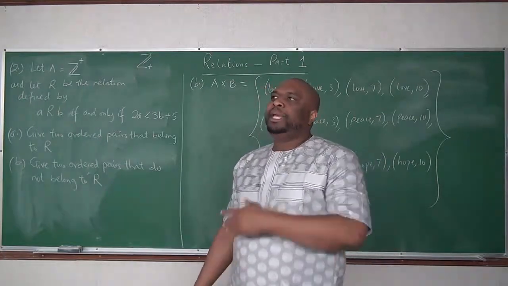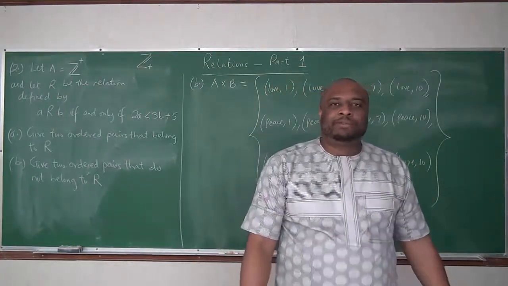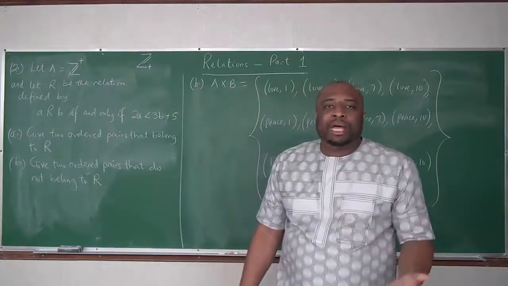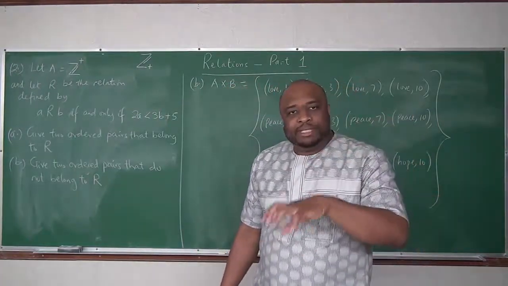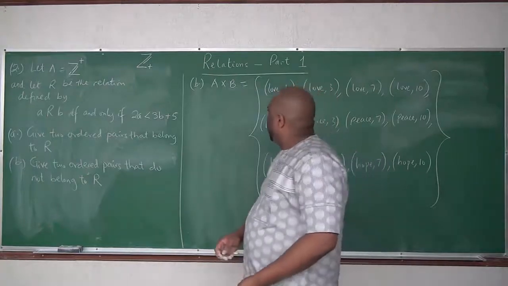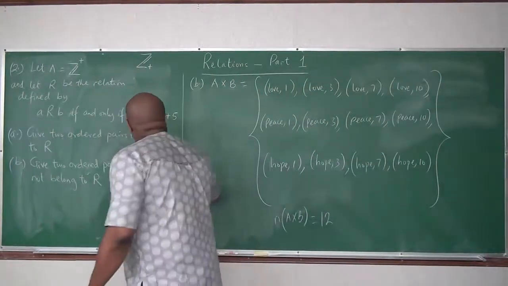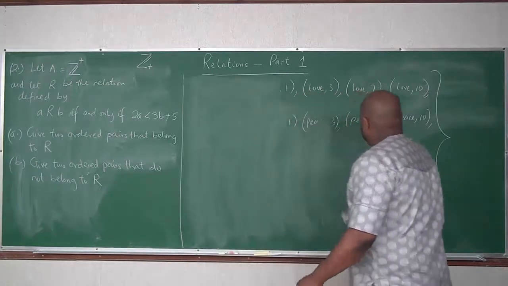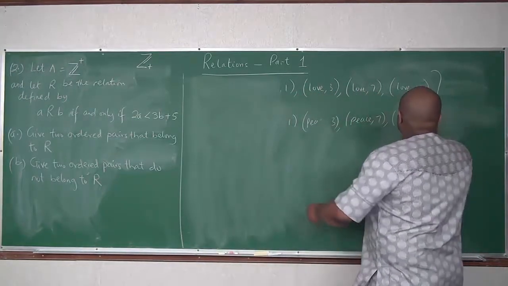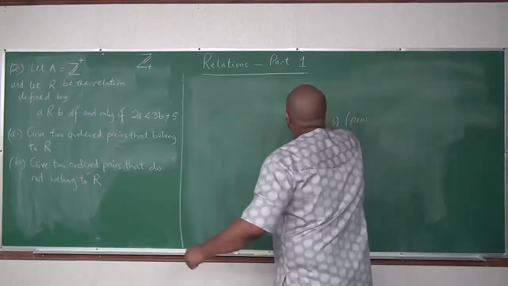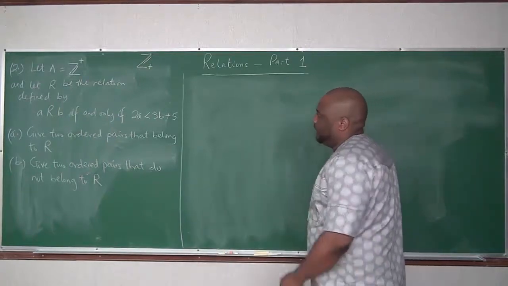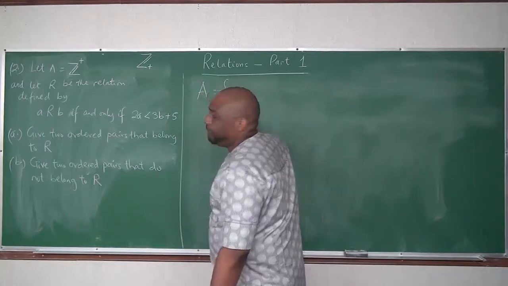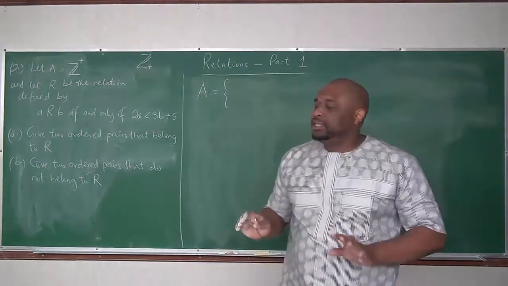It could be two elements from two different sets, or it could be two elements from the same set. If we look at the set of all positive integers, I'm going to just list from 1 to 10, and then I will say A will now be a set of positive integers.